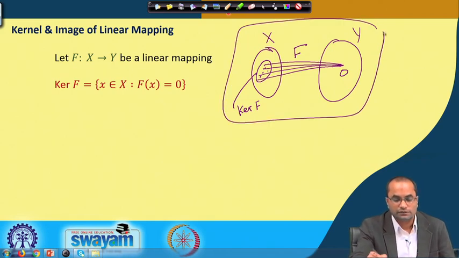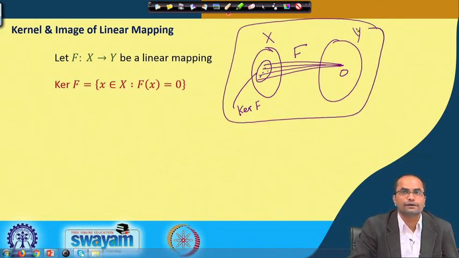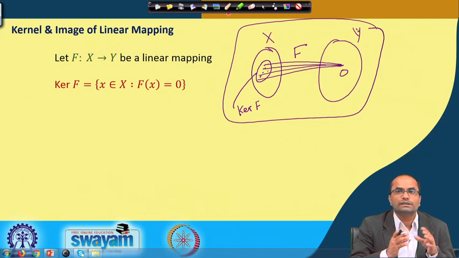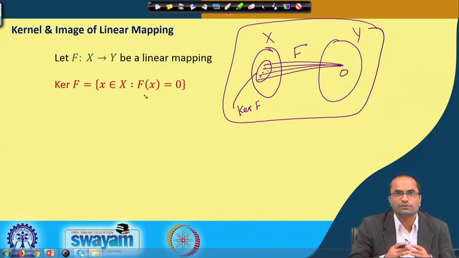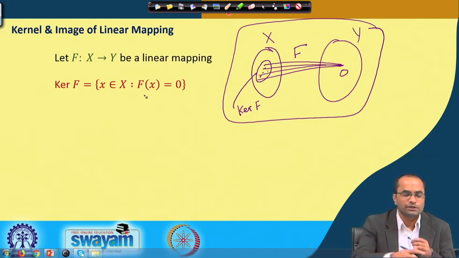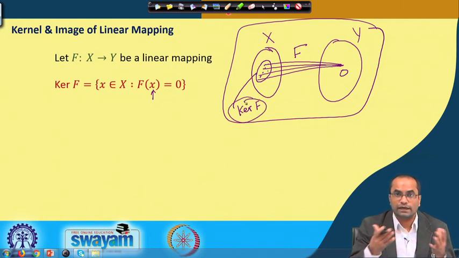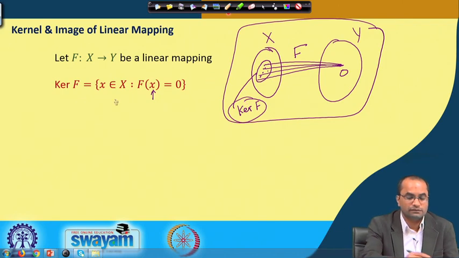So, this is the definition of the kernel of f: all the elements in x which map to the 0 element in y. Naturally, the 0 element must be there, because 0 must map to 0 for a linear map. So, definitely the 0 will be there in this kernel, but there can be many other elements than the 0 element in this kernel.